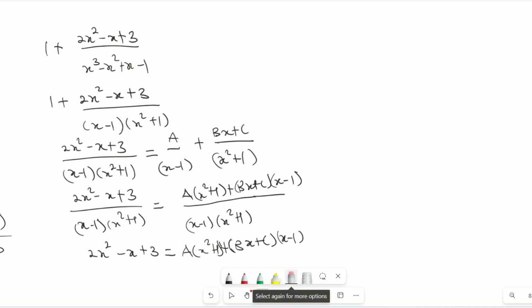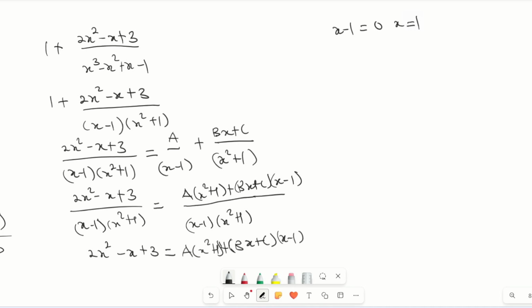So when we take the factor x minus 1, we are going to have x minus 1 equal to 0, right? So that implies that our x will be equal to 1. So we'll substitute x equal to 1 in place of x here.